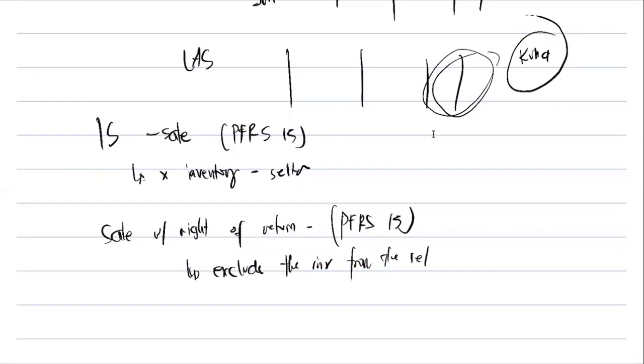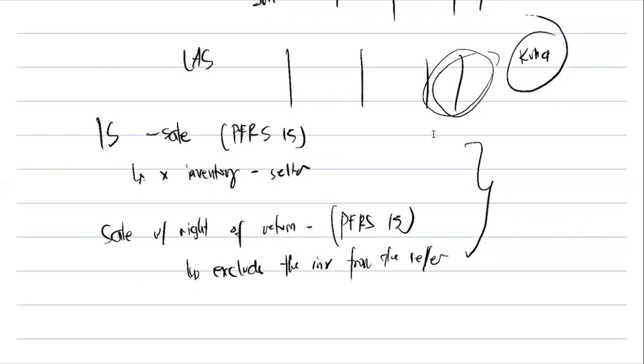Because of PFRS 15, we do not look at collectability and the estimate of the return. Under PFRS 15, using the 5-step model, you already need to determine the transaction price and the amount of revenue at the time of the contract, whether at a point in time or over a period of time.